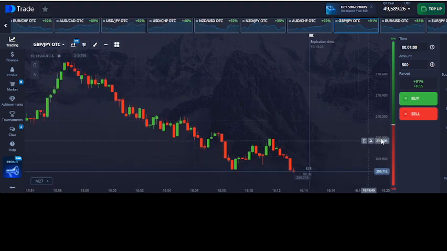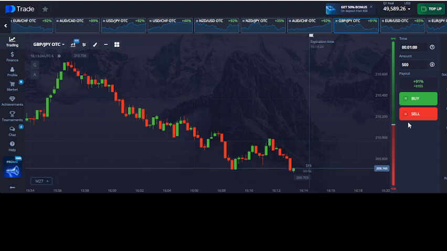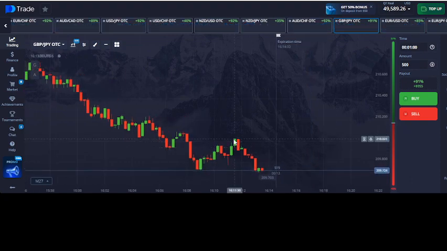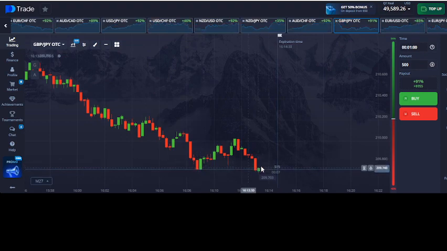Okay, we have a gap here. Let's watch this. Let's keep an eye on this, because we have a bearish trend, but there's a level of support right here. The price is sitting on this level of support here.